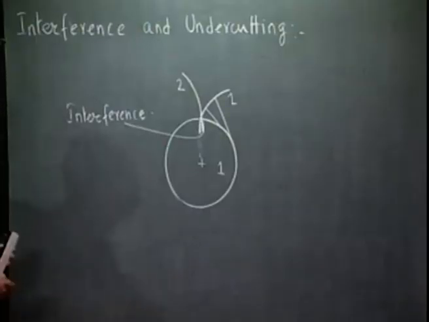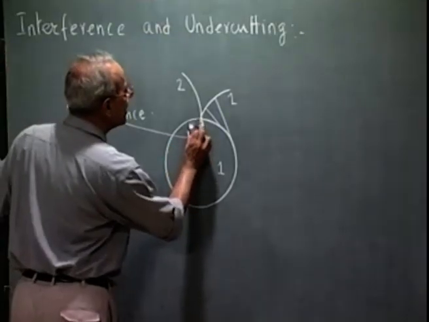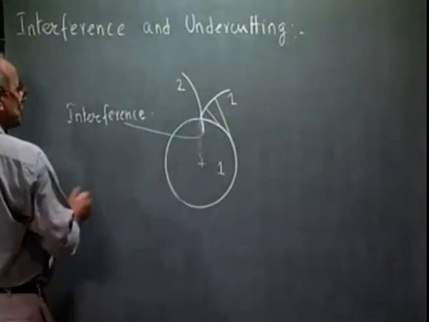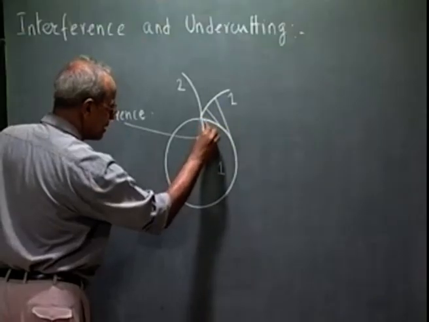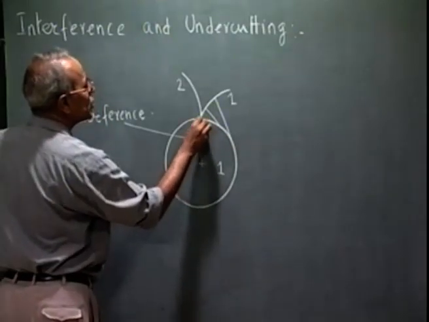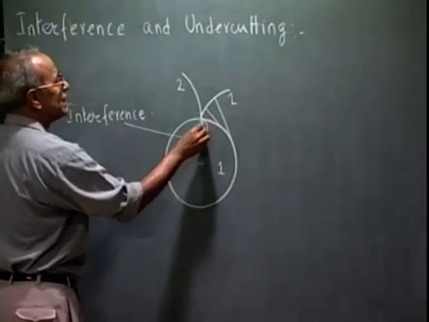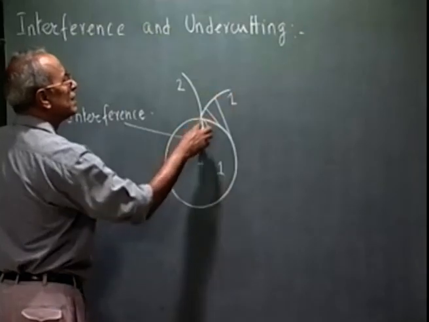One solution to this interference is to remove some portion of gear 1. We do not have the involute profile for gear 1 anyway. So, let me cut this portion from gear 1. Then as we see, this gear tooth is not interfering with gear 1.